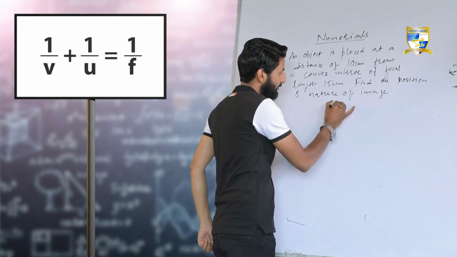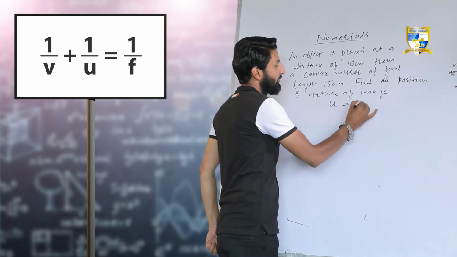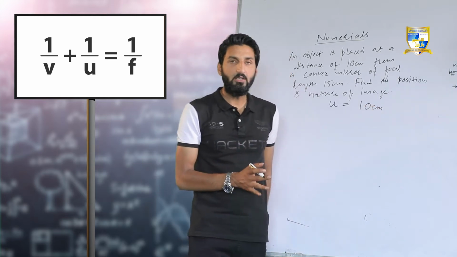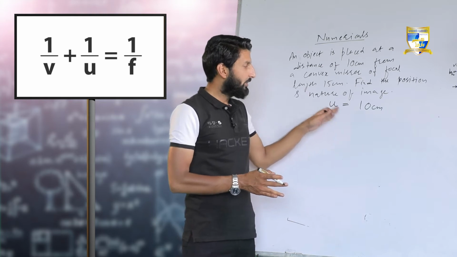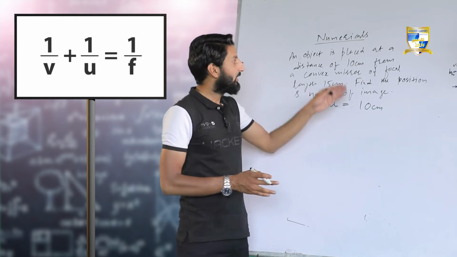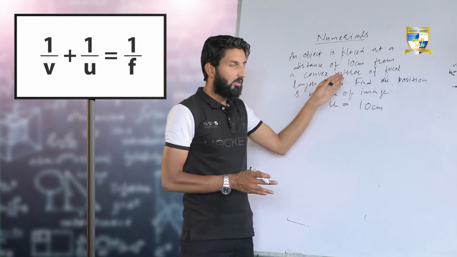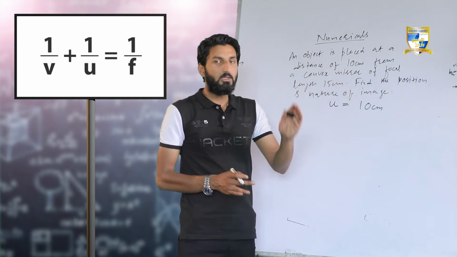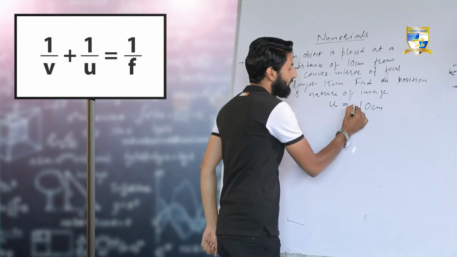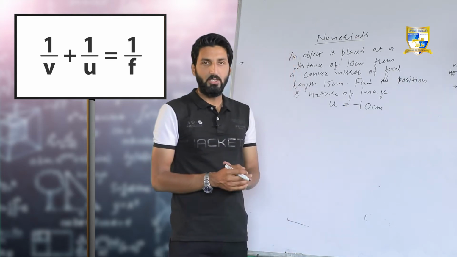Object distance is denoted by U is equal to 10 centimeter. But as per sign conventions, an object distance is always taken as negative. Remember it, whether it's a concave mirror or convex mirror or lens, an object distance is always taken as negative. So we would write it as minus 10 centimeter.